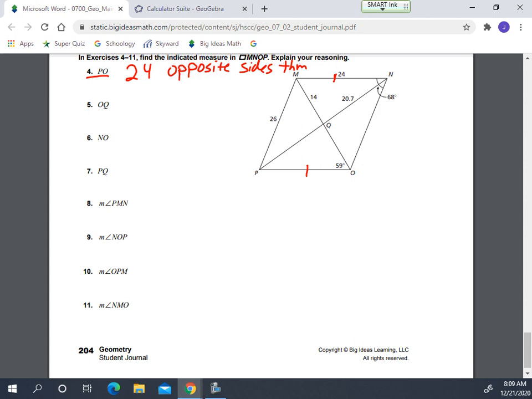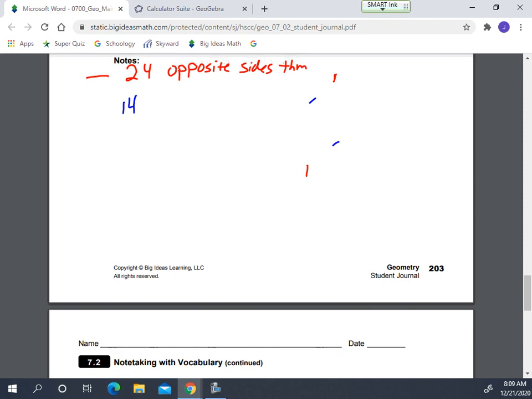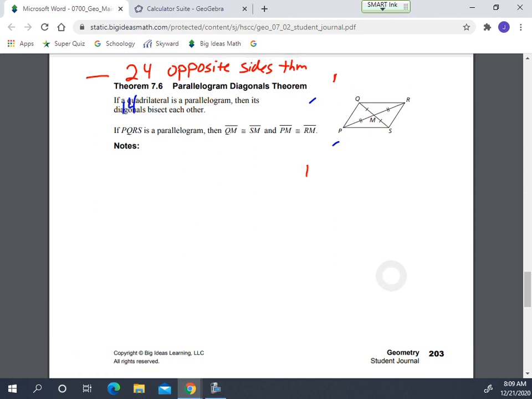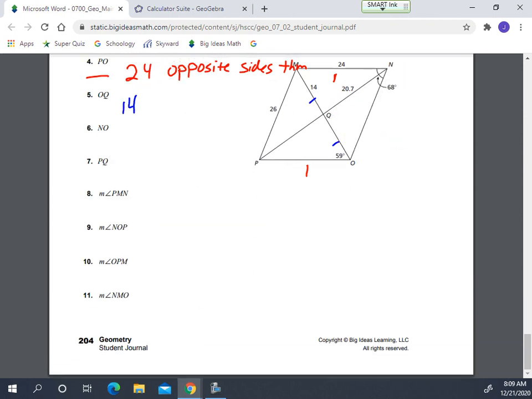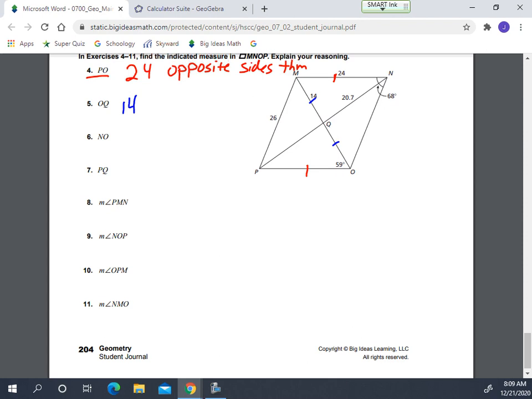Okay, how about OQ? OQ is the same as MO, so that's 14. What's our reason? Scroll up. What's our reason here? What do we talk about? We talk about the parallelogram diagonal theorem. Perfect. Diagonal theorem.